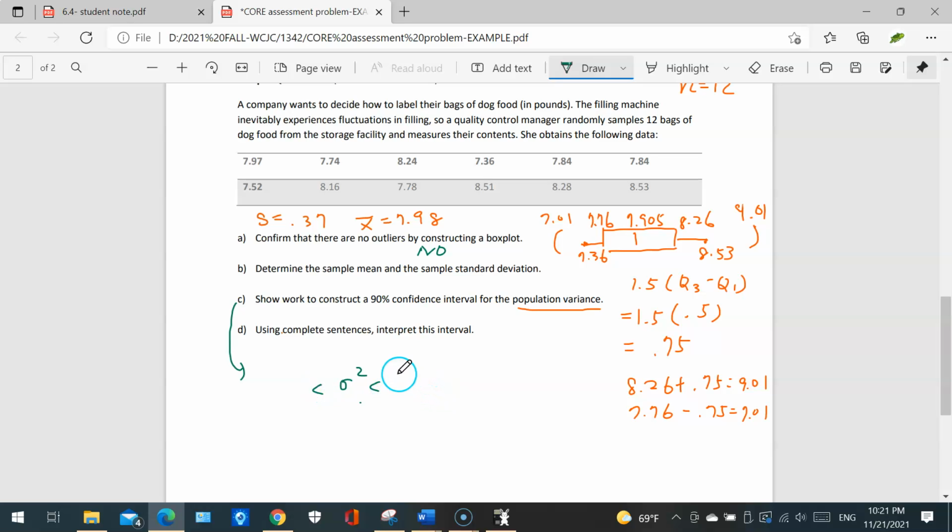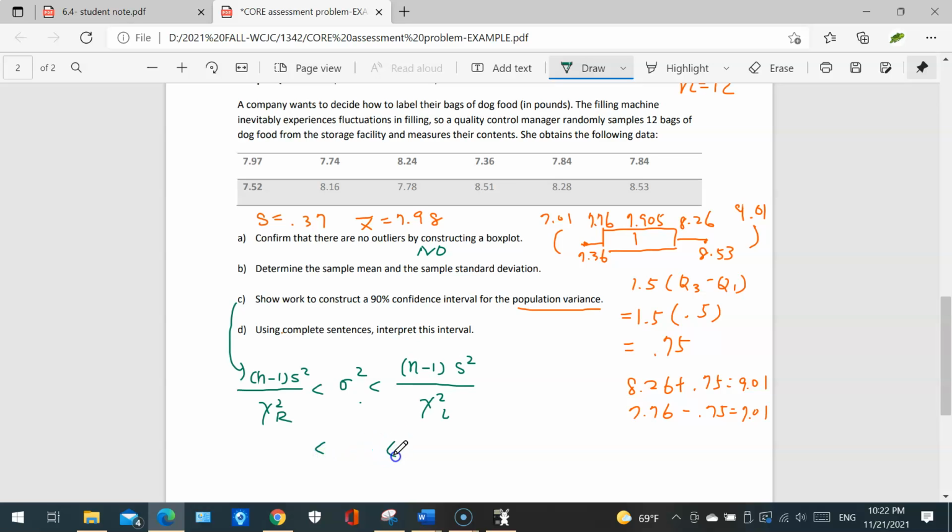And here, the right-hand side, the formula is n minus 1 multiplied by the sample variance divided by the chi-square to the left. And the left-hand side bound, same way, you have n minus 1 multiplied by the sample variance divided by the chi-square to the right.